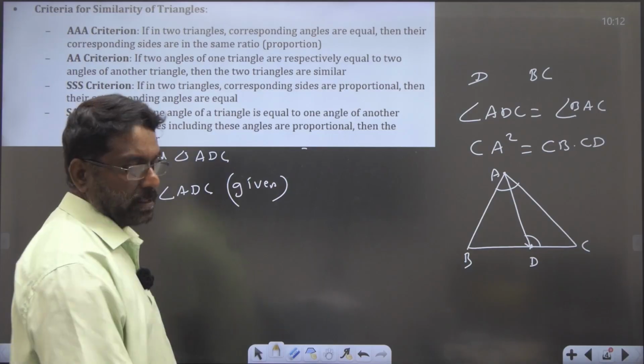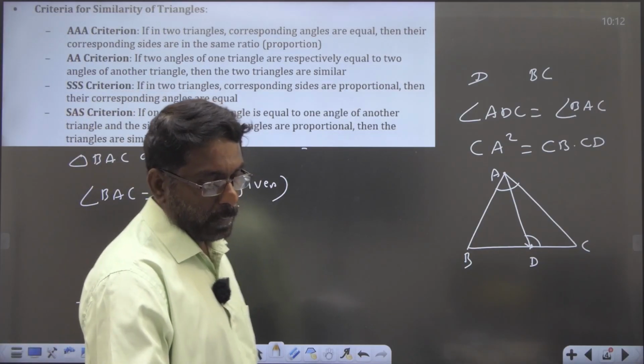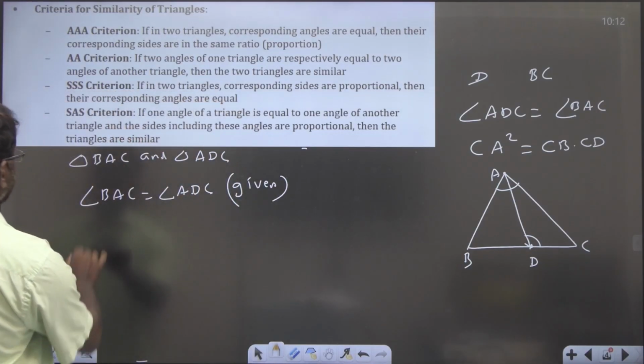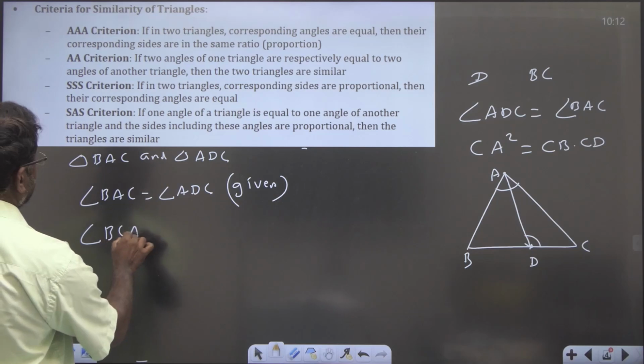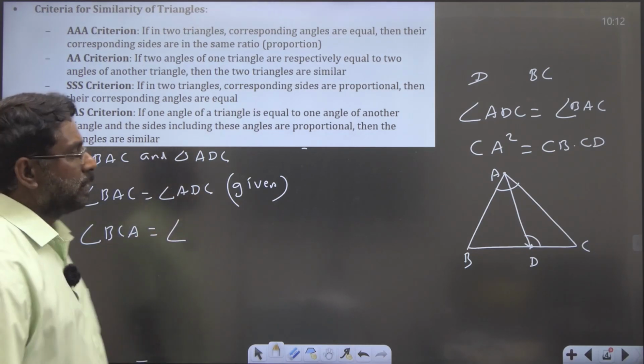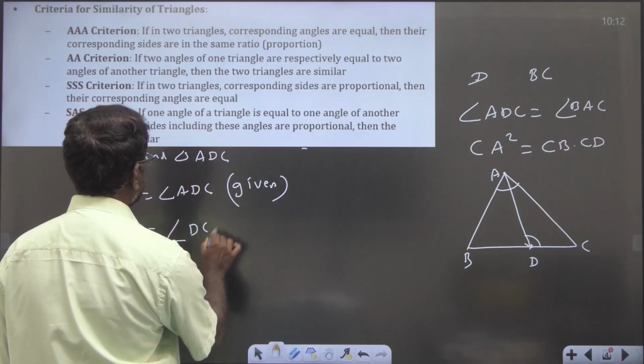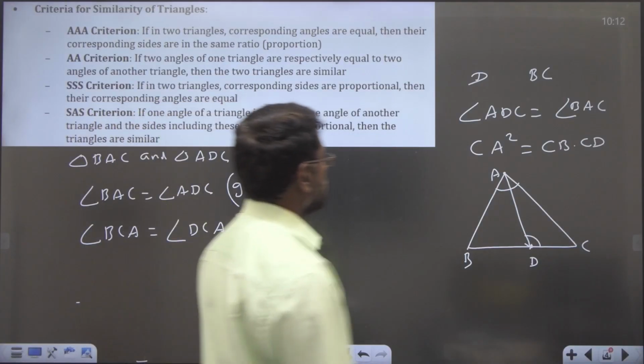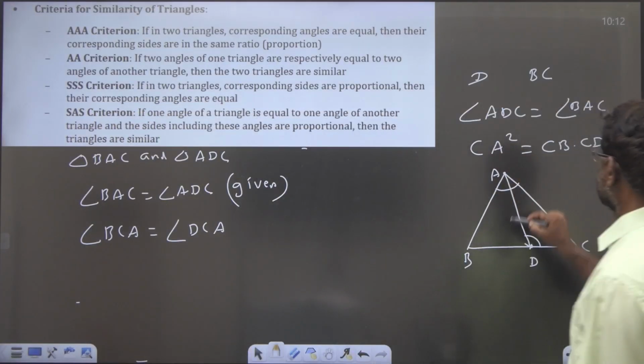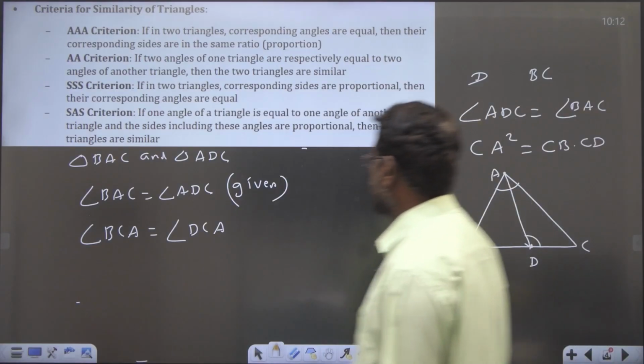Also, angle BCA is equal to angle DCA. This is angle BCA, this is angle DCA. Common angle.